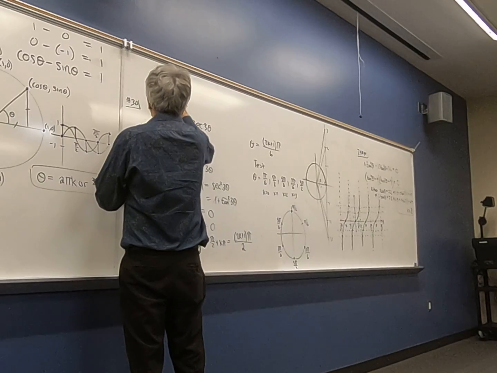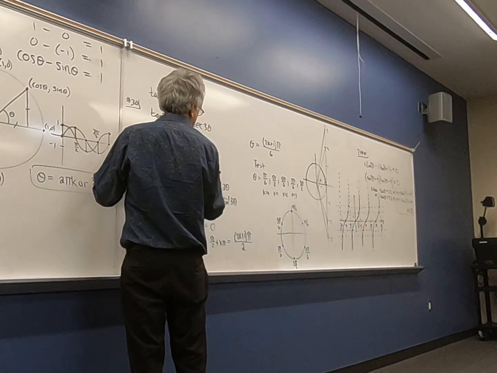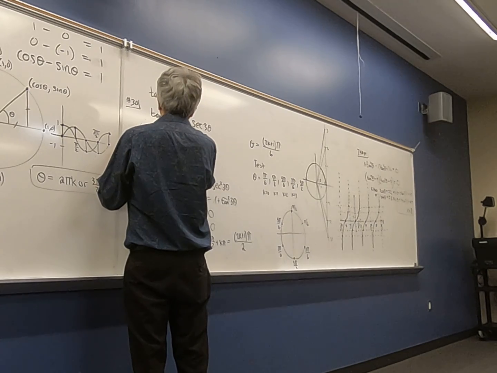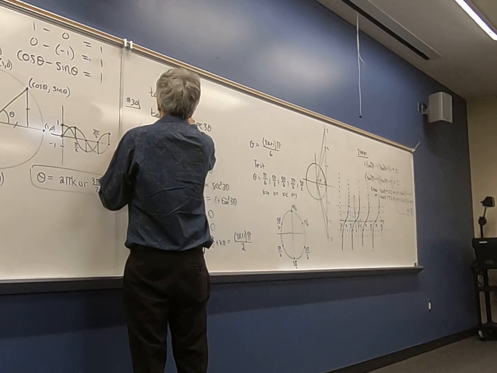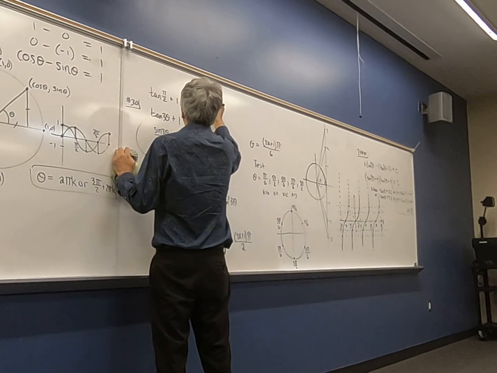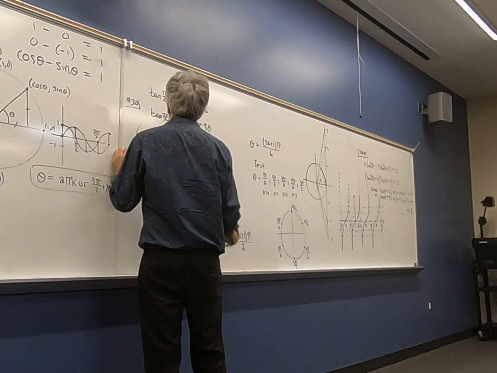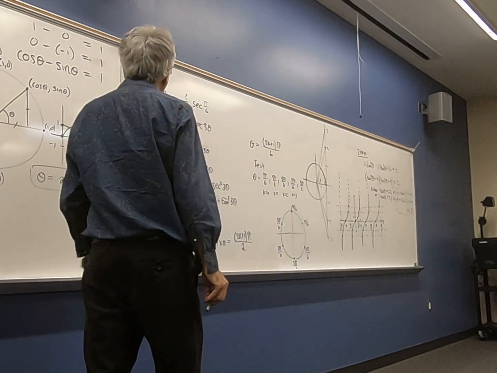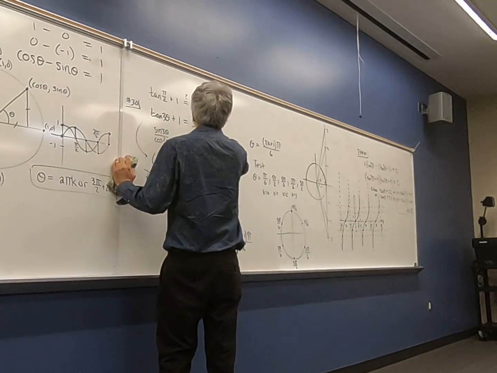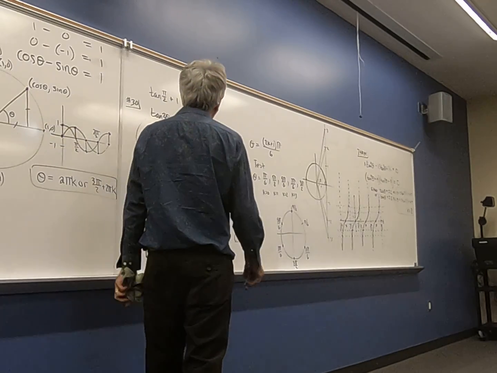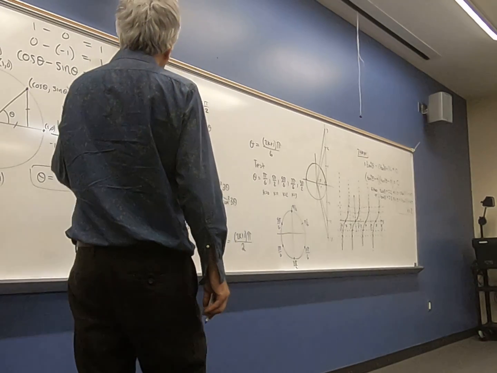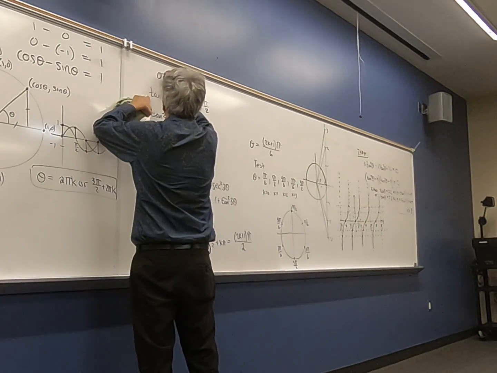Is it true that tangent of 3 times pi over 6, which is pi over 2, plus 1 is equal to the secant of pi over 2? What's the tangent of pi over 2? Well, that's 0, right?